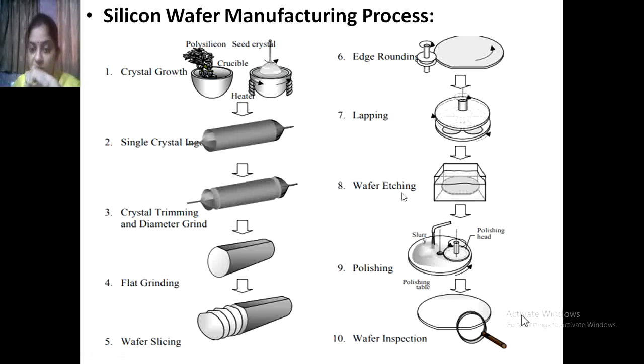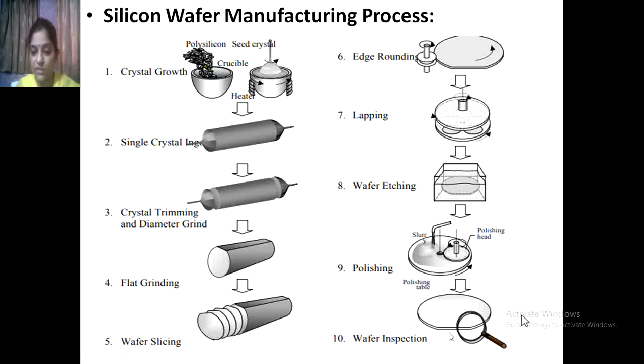After this, if any damage is remaining, it is etched by using a chemical solution, and after that it is placed in a slurry to polish the surface of the wafer.